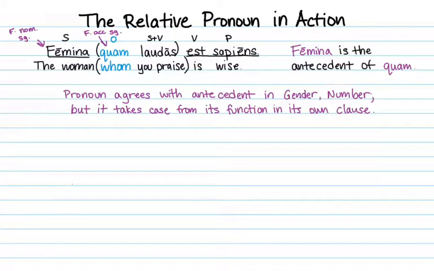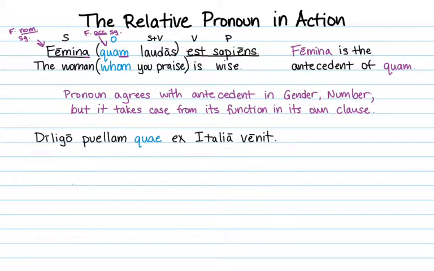Your hard and fast rule is that the pronoun agrees with the antecedent in gender and number, but it takes its case from its function in its own clause. So that is why femina is nominative, because it's the subject of the verb est, but quam is accusative because it is the direct object of the verb laudas.